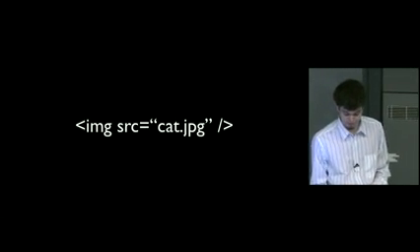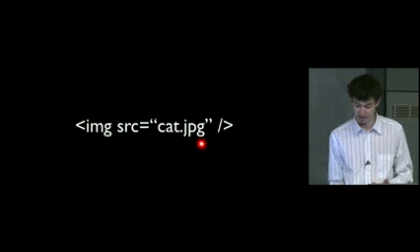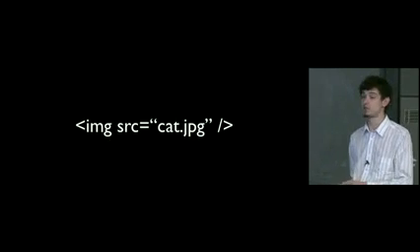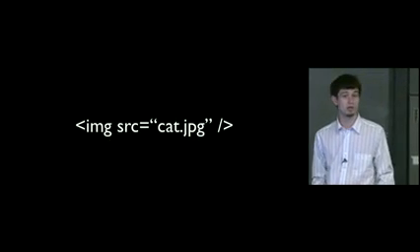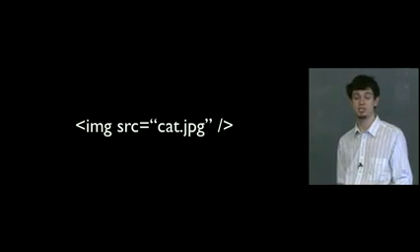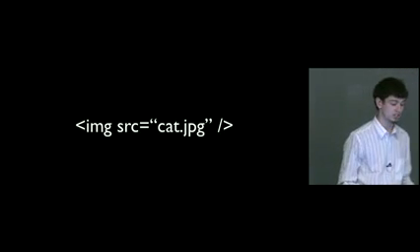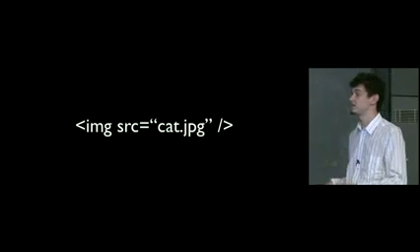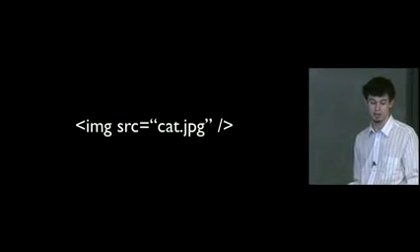So what we can do is just specify via this key-value pair called src the path to some image that I want to display. So that means that somewhere on my web server, that computer responding to my HTTP requests, there is a file called cat.jpg, and it's sitting somewhere on disk in the same location as this HTML document.